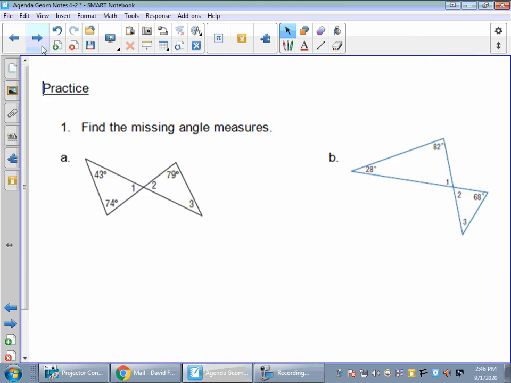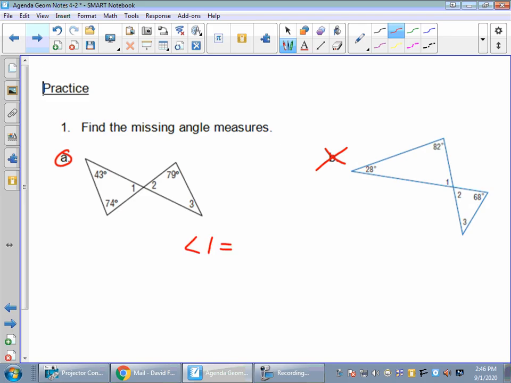Now let's use some of these theorems to solve problems, and let's just do number one here, or letter A. You guys can do B on your own if you feel like it, and let's take a look. So angle 1, we can tell by adding up 74 and 43 and subtracting from 180, because they all have to equal 180 degrees in a triangle.